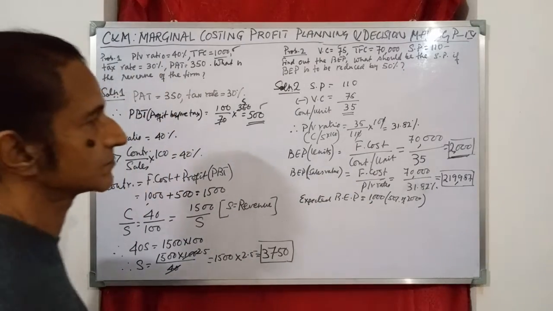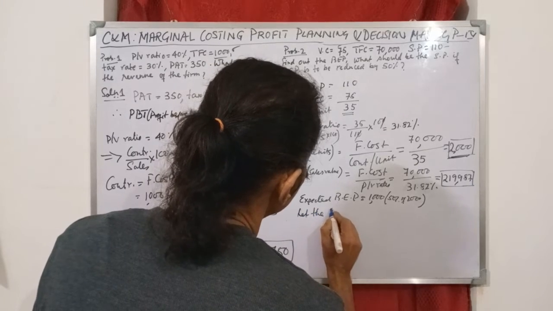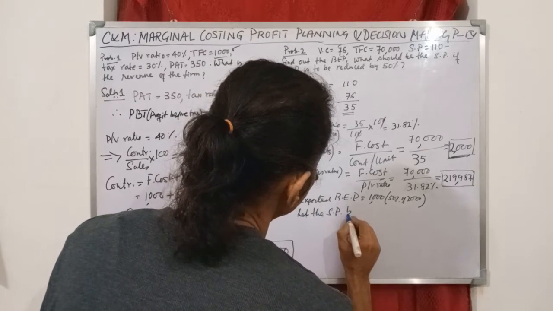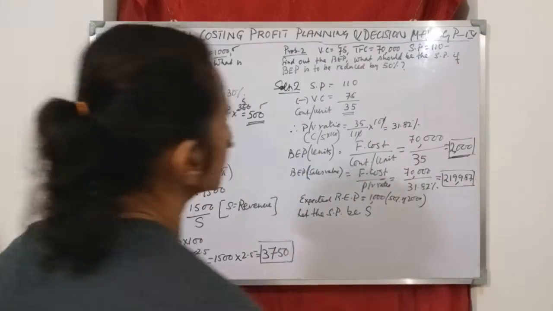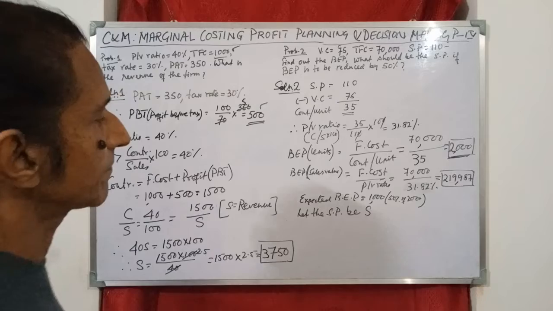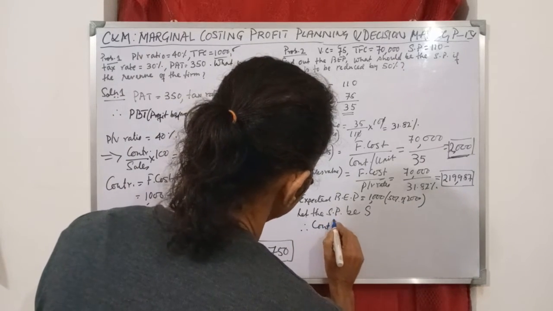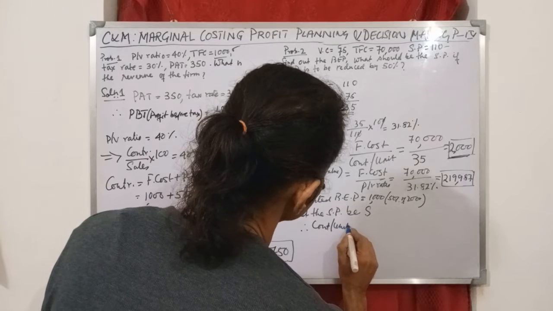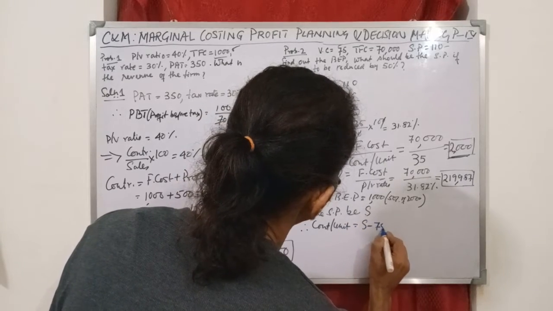Okay. Now let the sales price be S. Therefore, contribution per unit equals S minus 75.